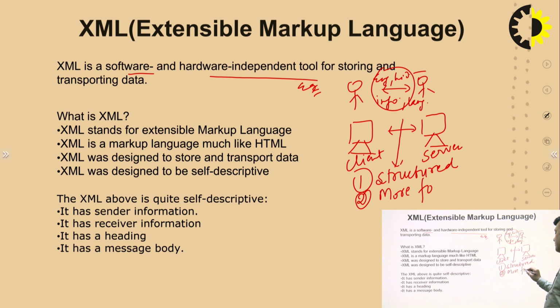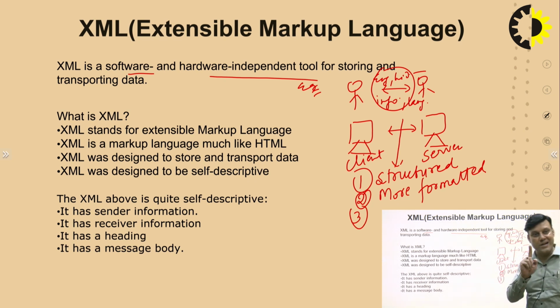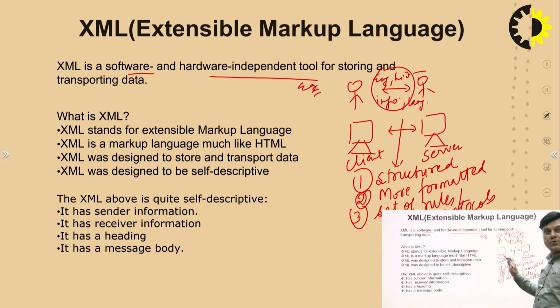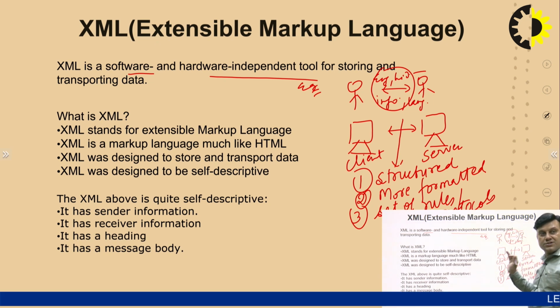Number two, and number three is that communication should follow some set of rules, or we say some protocols, right? Then only it is possible to communicate between these two systems.